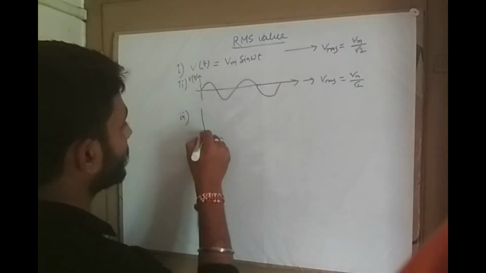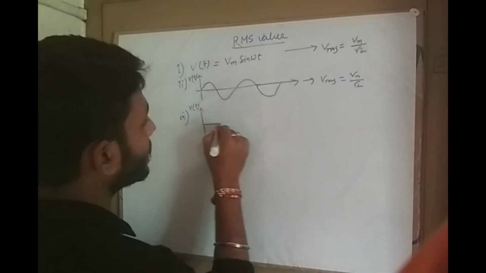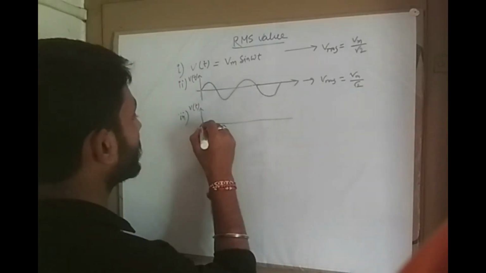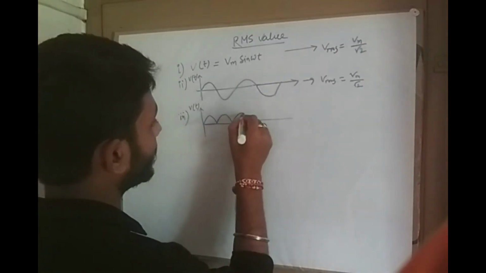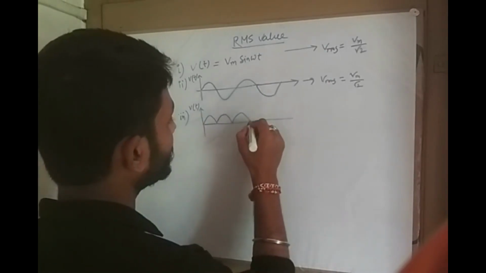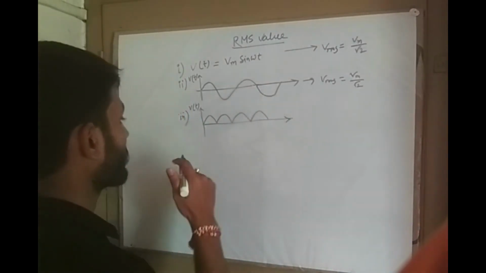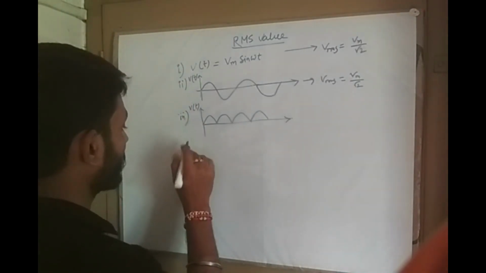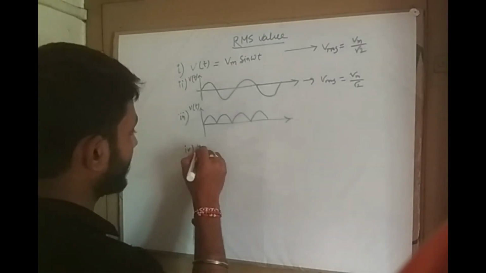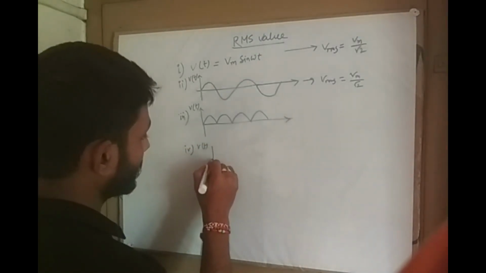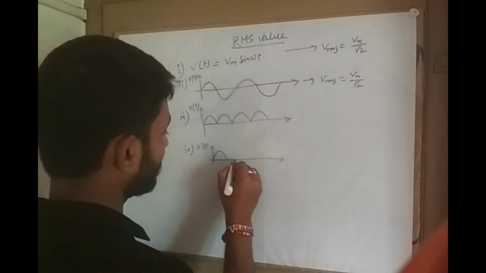Now, suppose the voltage signal is in terms of a full wave rectifier circuit. This is the full wave rectifier circuit output. It may also be in terms of half wave.